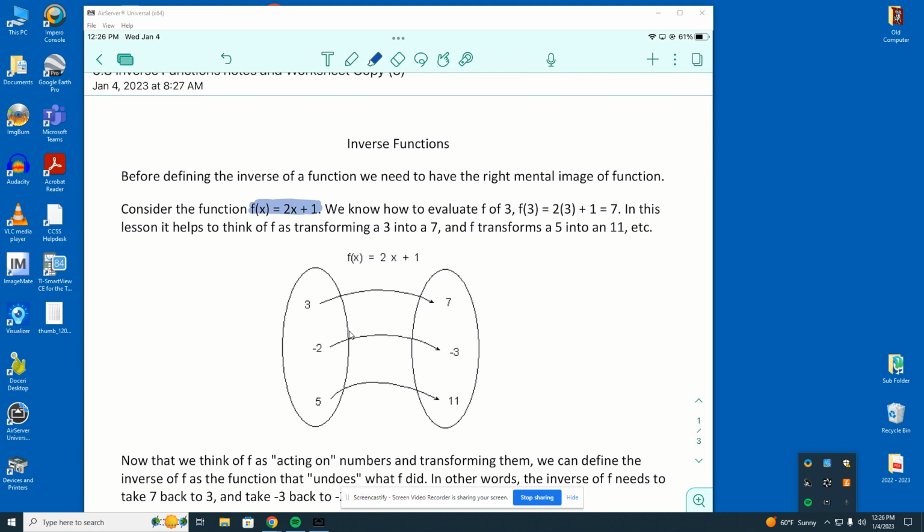Negative 2. If I plug 11 into that inverse function, guess what it would give me? Positive 5. It takes the x's and y's for a function, and the inverse function will flip them. Okay? Doesn't change the signs. It just swaps them. Okay? It's a very simple concept.